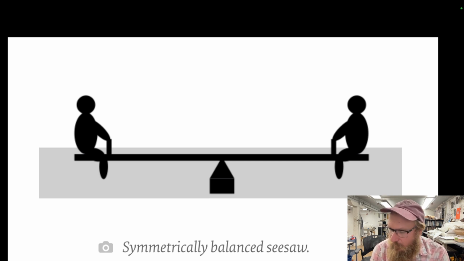Now, the interesting thing about this is that visual weight doesn't quite work like physics. In physics, you can drop two objects and they will accelerate and fall at the same time. So a lot of things about the actual physicality of balance don't quite add up.